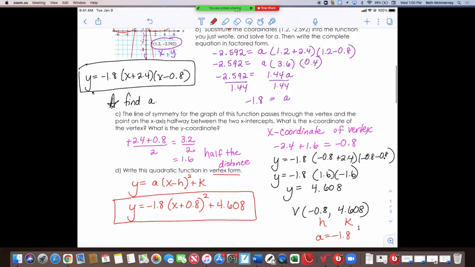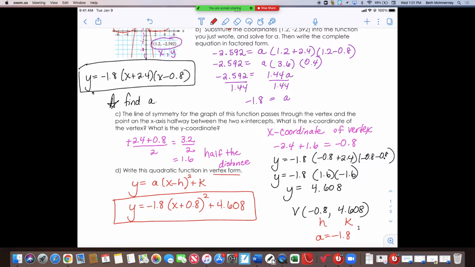So let's talk through this one more time before we do an extra practice problem. If I have the graph and I can see the x-intercepts, I can plug them into factored form. Pick a third point, plug in that x and y to find your a value, and now you can write factored form.